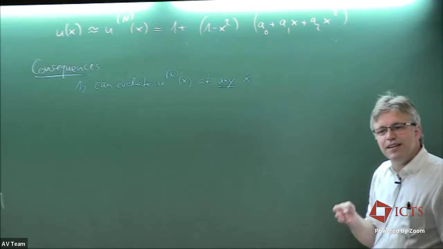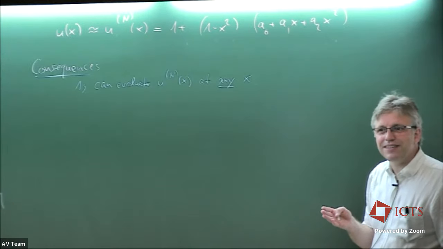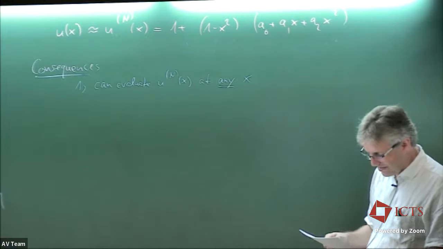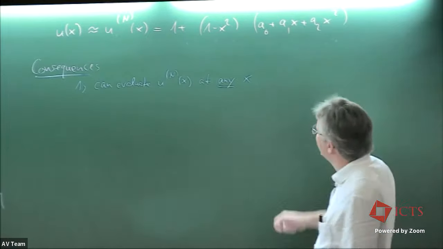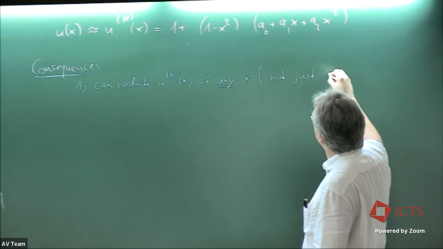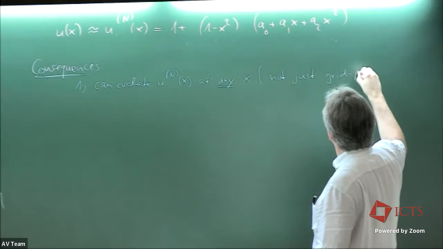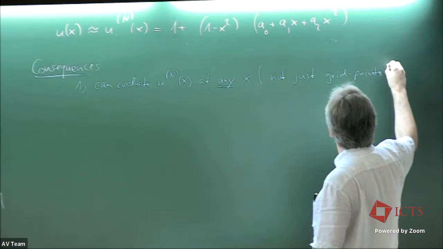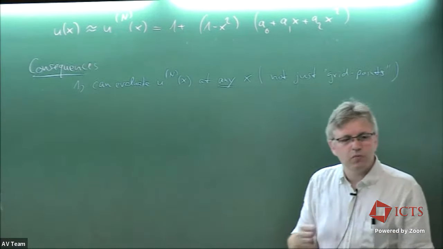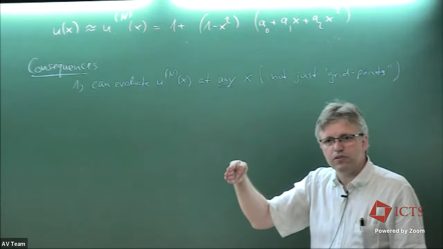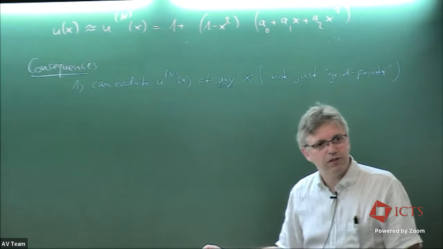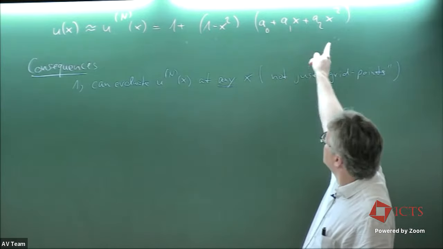Curiously enough, grid points will come back in a little while because it turns out you can do spectral methods remarkably well with grid points. But not just at grid points. And this differs, for instance, from finite difference methods, where you're starting with just data at grid points. And whenever you want the data between grid points, you have to do something special. You have to interpolate. Here, it's all there.